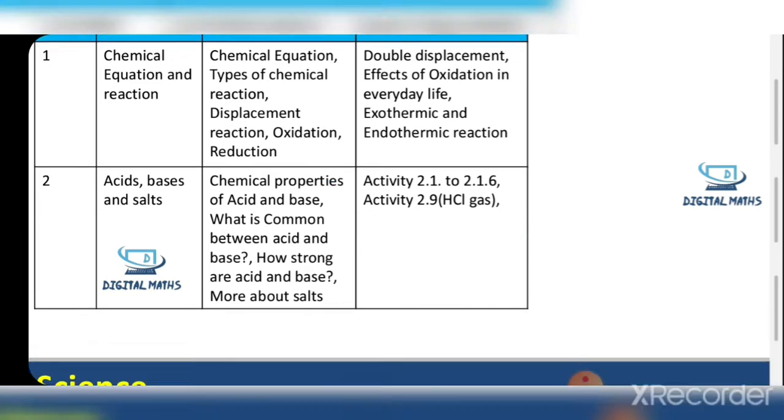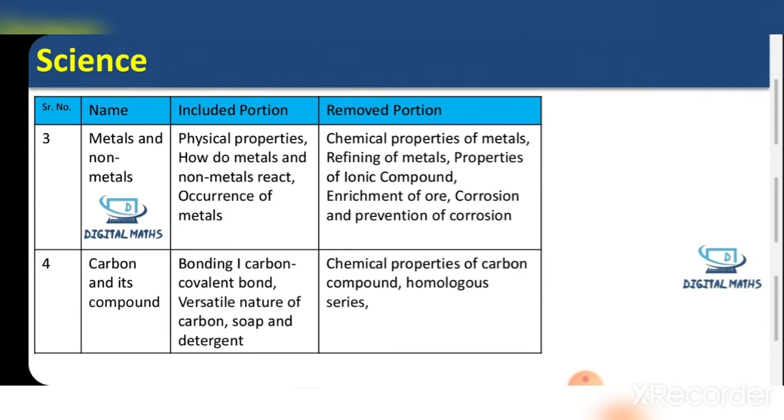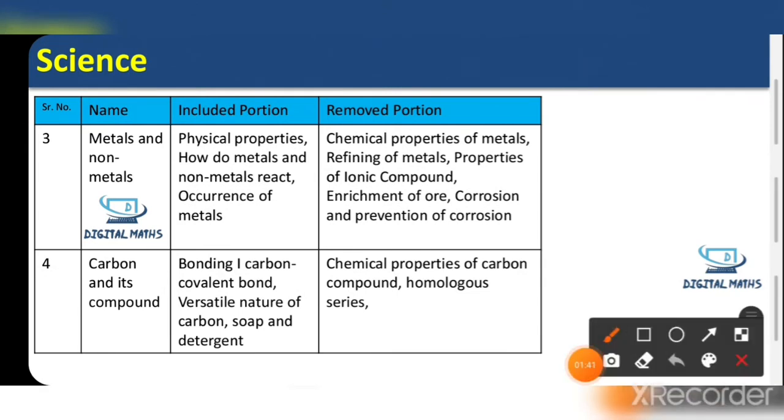Now we have to see chapter number 3, metals and non-metals. Which is the included portion and which is the excluded, meaning removed, portion? In the included portion we have physical properties, how do metals and non-metals react, occurrence of metals. Which is the removed portion from metals and non-metals?